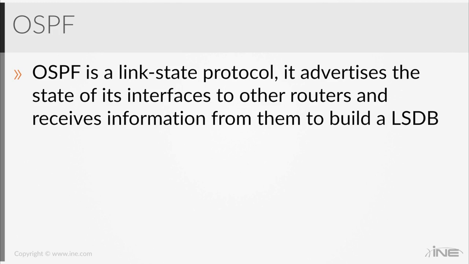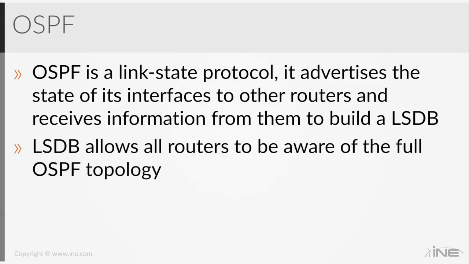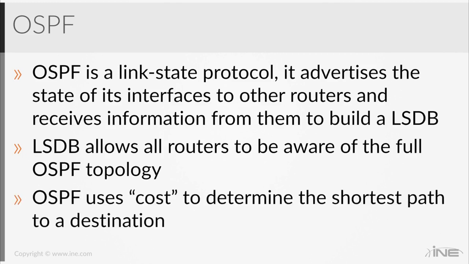This link state database I'm talking about is the one that allows the router to be conscious of all of its topology. So it's a very important tool inside OSPF. And then how does OSPF make decisions? It uses a metric called cost to determine the shortest path to a destination.